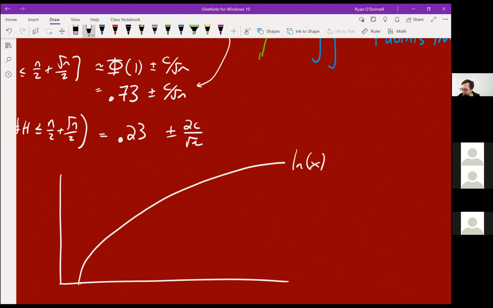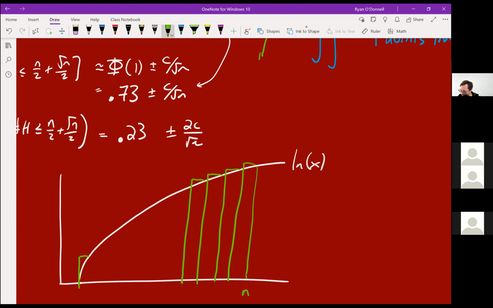Stirling's formula all boiled down to getting an extremely accurate sum of these rectangles, right? That was literally Stirling's formula. You exponentiate, but it's basically about getting the exact area of these rectangles. First pass, you could say it's roughly the area under the curve up until this point.